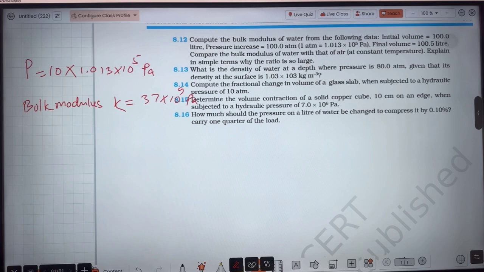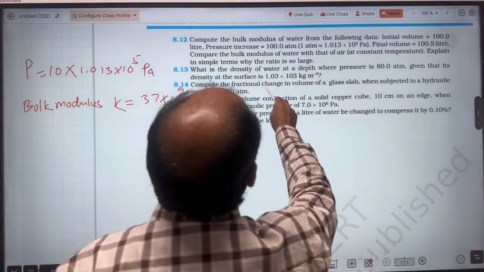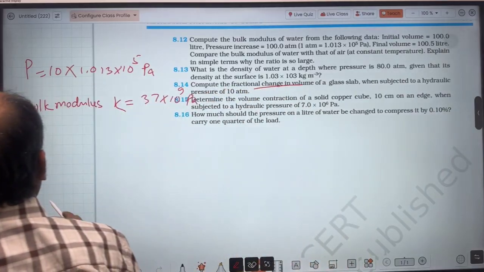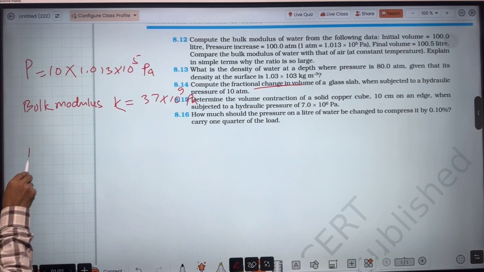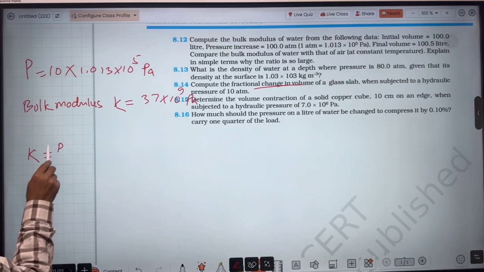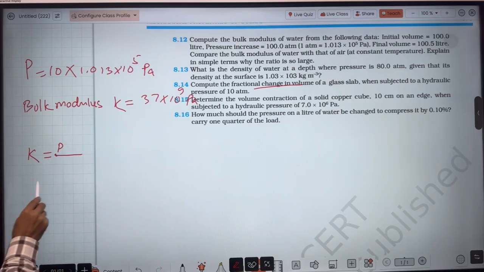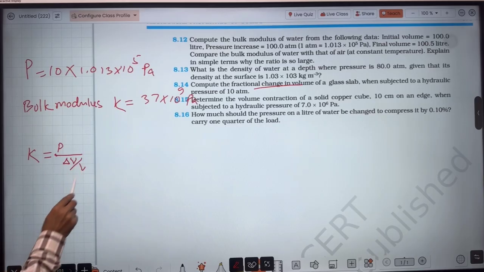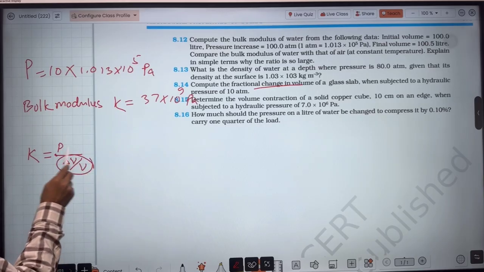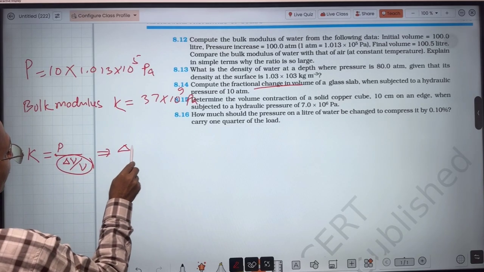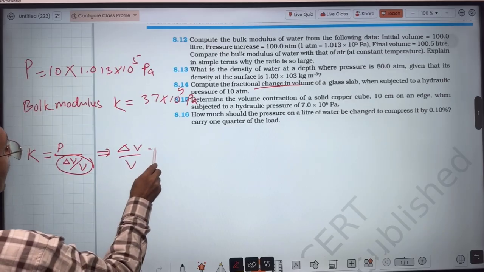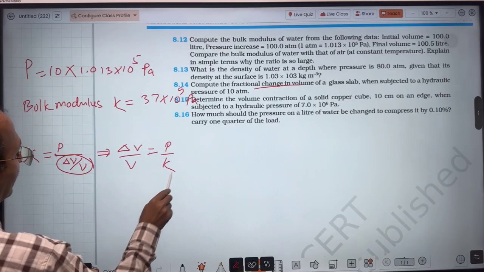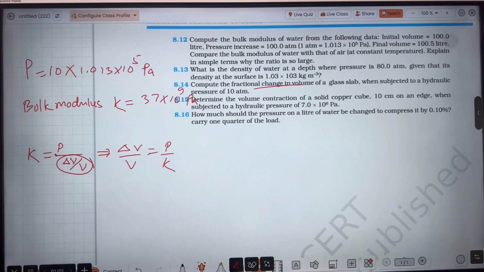So we have pressure, we have K, and we need the fractional change, which means delta V upon V. Now it is easy. The formula is bulk modulus K equals P divided by delta V upon V. So delta V upon V equals P upon K, and then we can put the values.